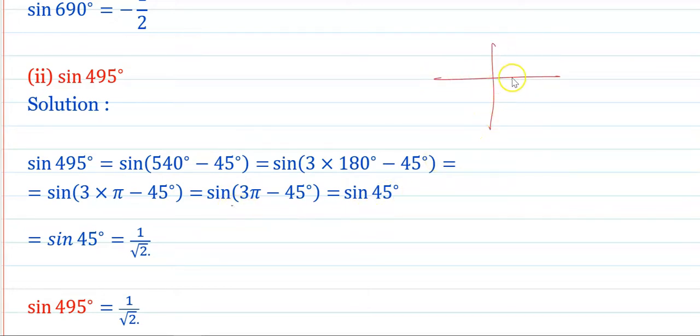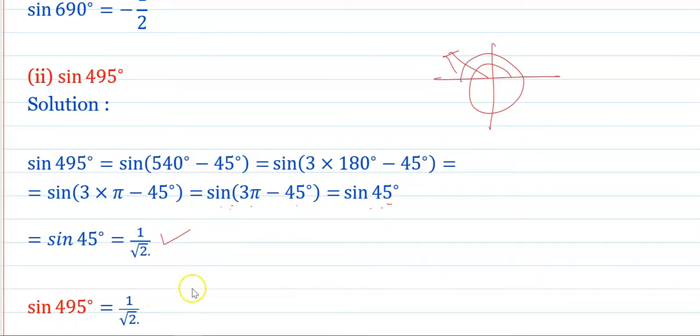This is 2 pi and 3 pi. 3 pi minus means what? It is in the second quadrant. In the second quadrant, sign is positive. Integral multiple of pi minus theta असल्यामुळे function remains as it is. It is in the second quadrant, therefore sign is positive. And hence, sine of 45 is equal to 1 upon root 2.